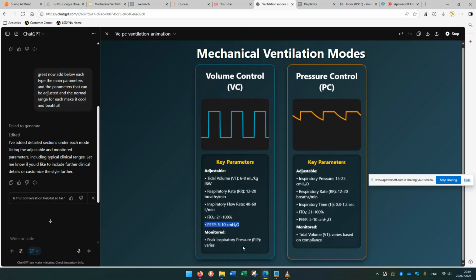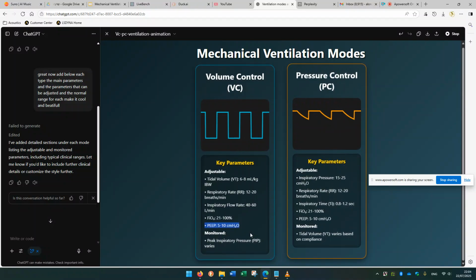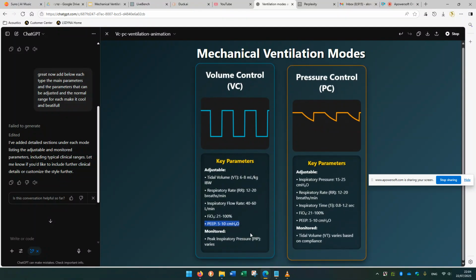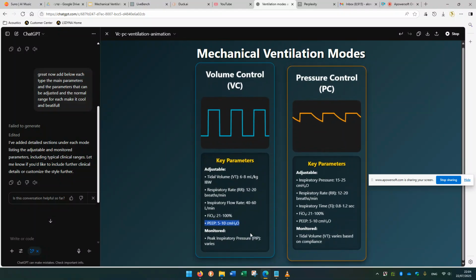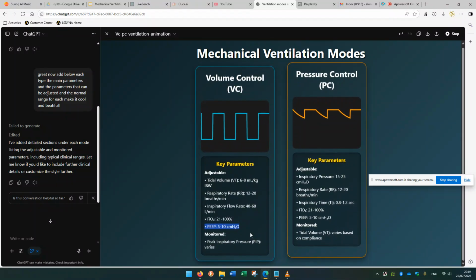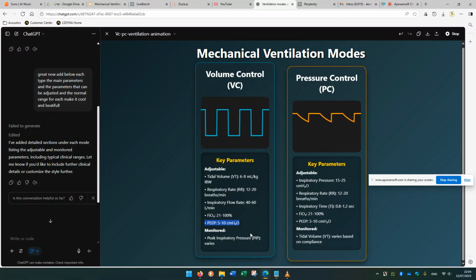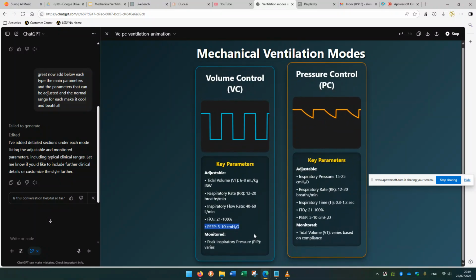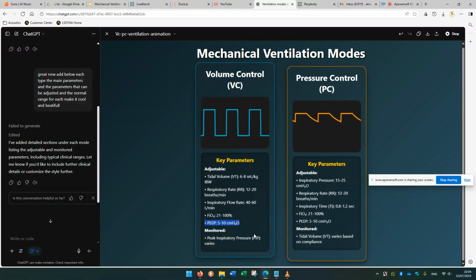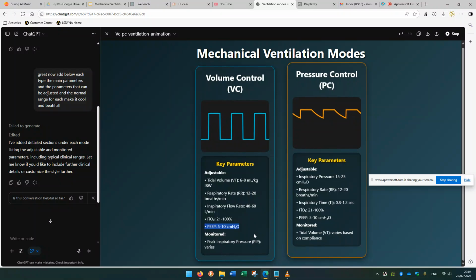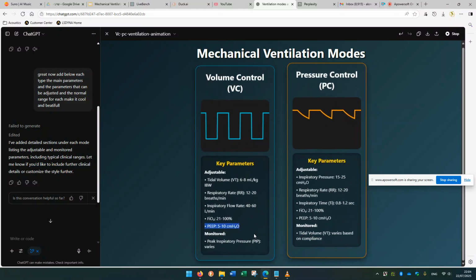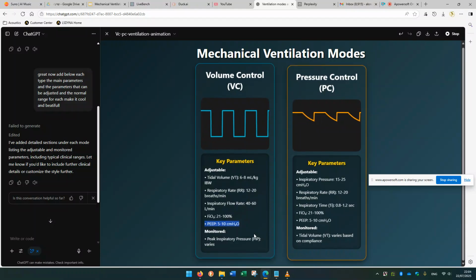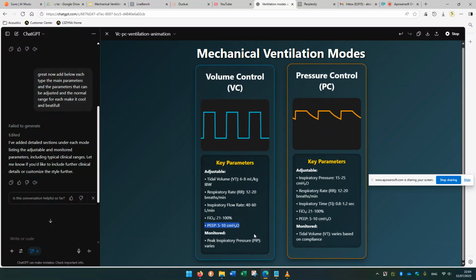The positive end expiratory pressure, PEEP, should be around 5 centimeters of water, depending on the pathology. In COPD, maybe a little less, and in ARDS maybe on the upper limit. But PEEP, positive end expiratory pressure, what it does at the end of expirium, the end of exhalation of the patient, we want the alveoli to stay a little bit open with a little bit of pressure.